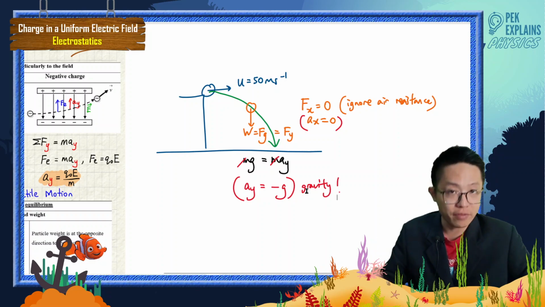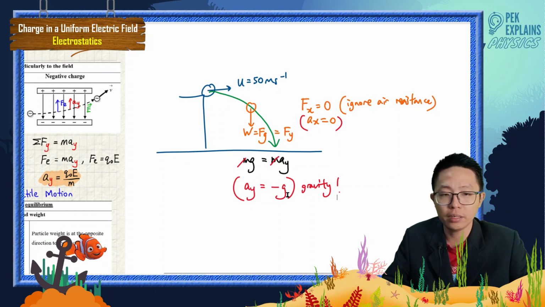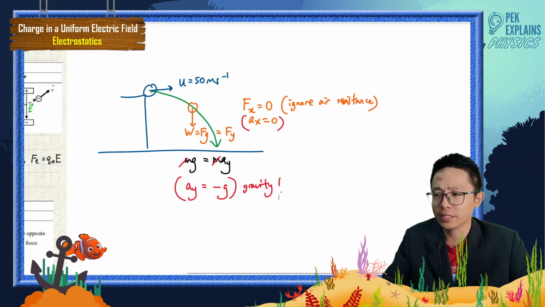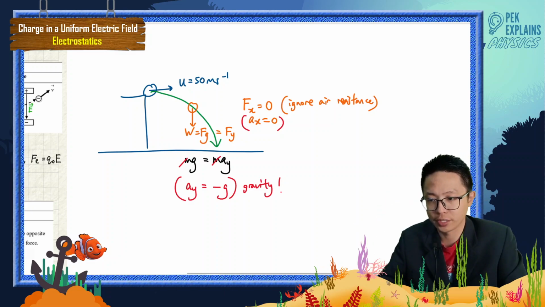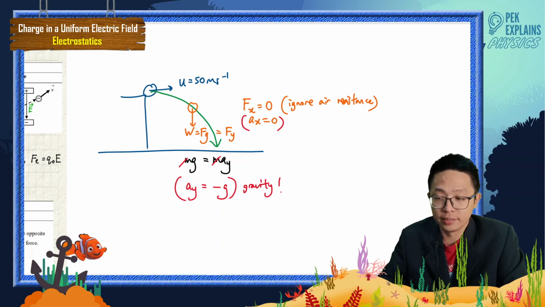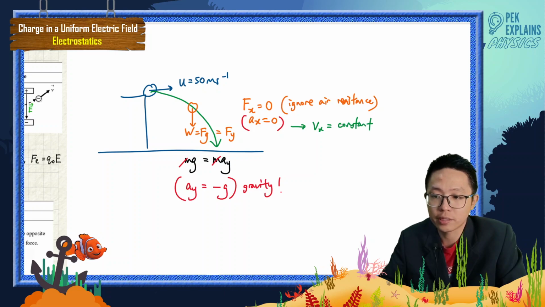Last time we talked about gravity, the gravity as our acceleration in y component. I just want you to recall what you have learned in projectile motion. Our ax is 0. That's why our velocity in x component is always constant.